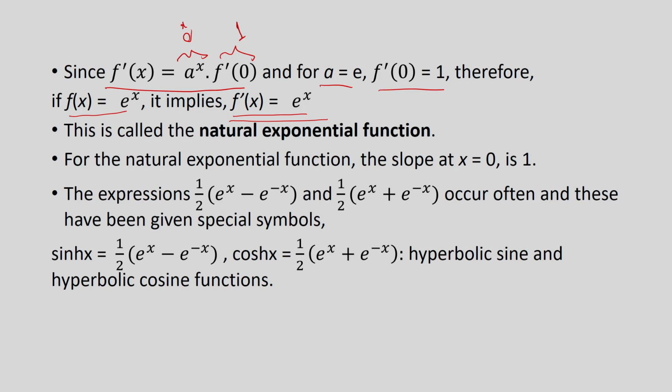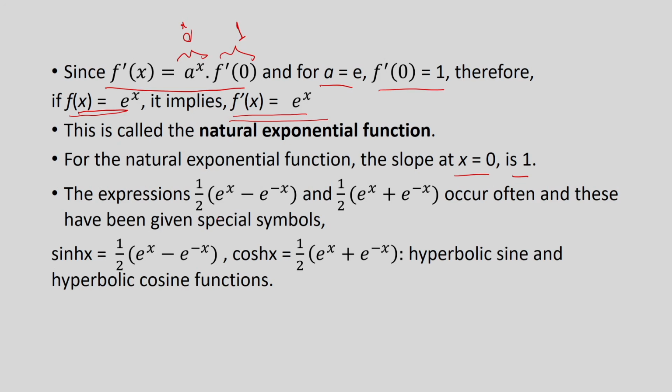Now, this function is very often encountered in economics. This is called the natural exponential function, f of x is equal to e to the power x. For the natural exponential function, the slope at x is equal to 0 is 1, that we have just seen. That is how it is defined actually.